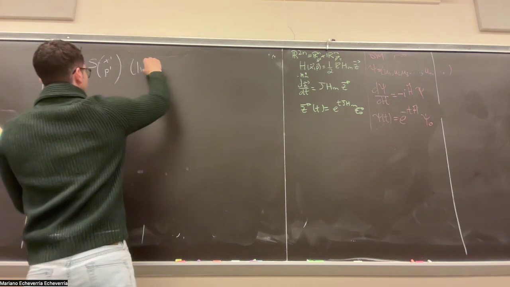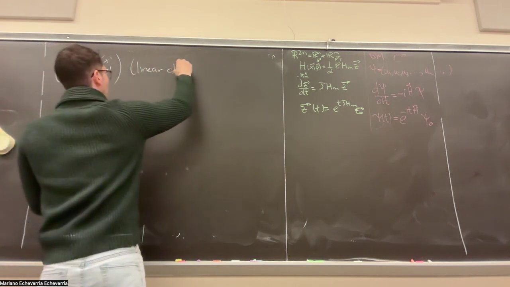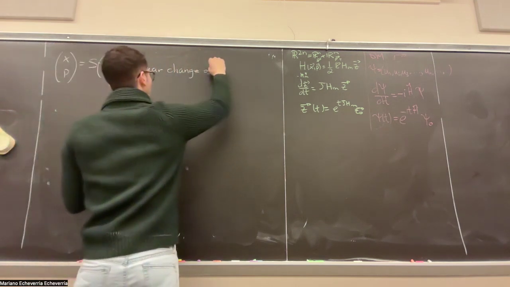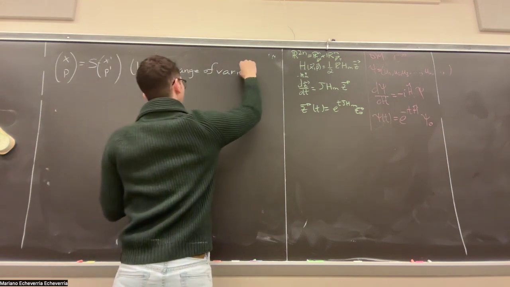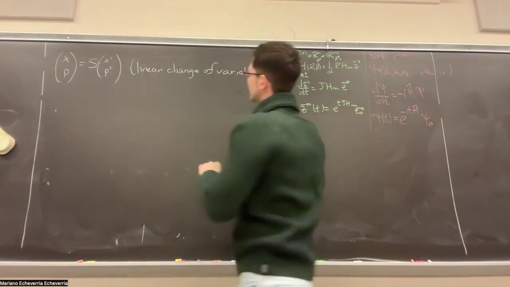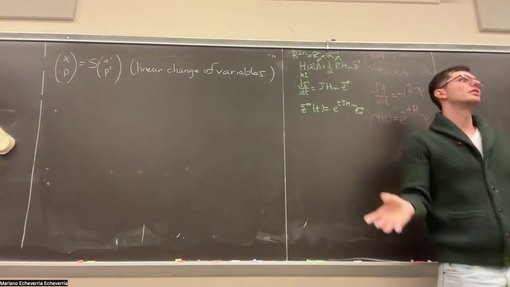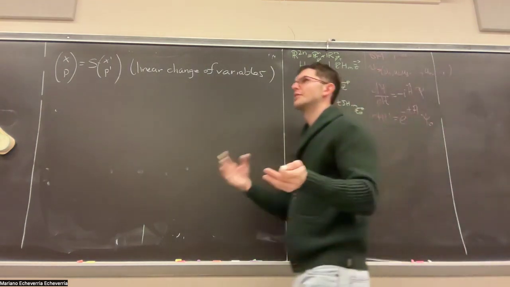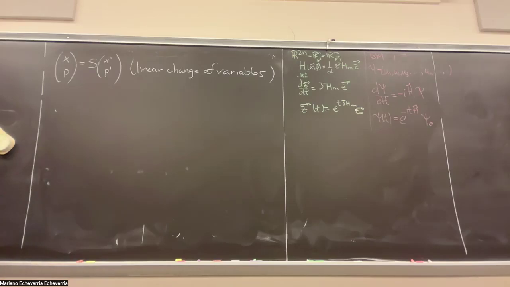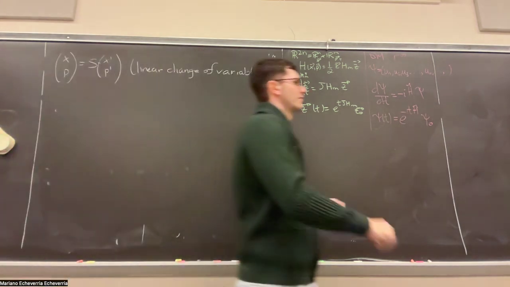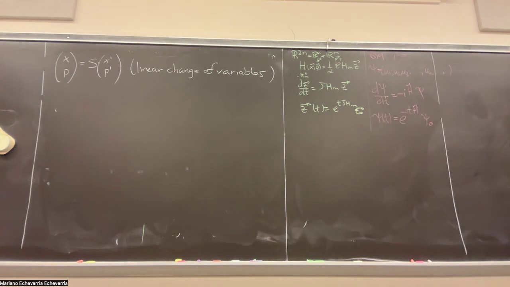In the nonlinear case, if it's a general coordinate change, for example polar coordinates, the way x, y are related to r, theta is nonlinear, because it involves trigonometric functions, cosine of theta and sine of theta. So that's a nonlinear change of variables.